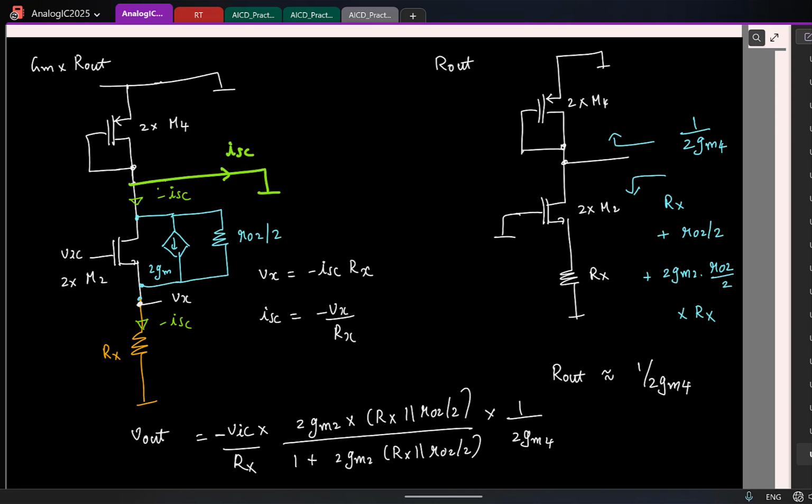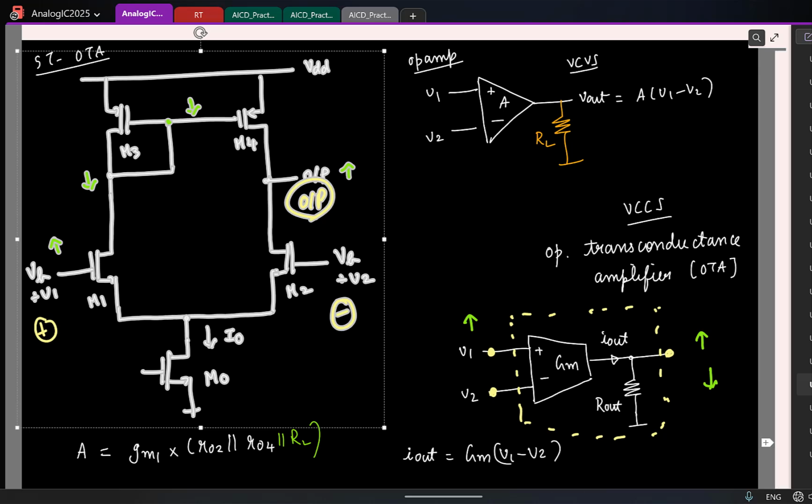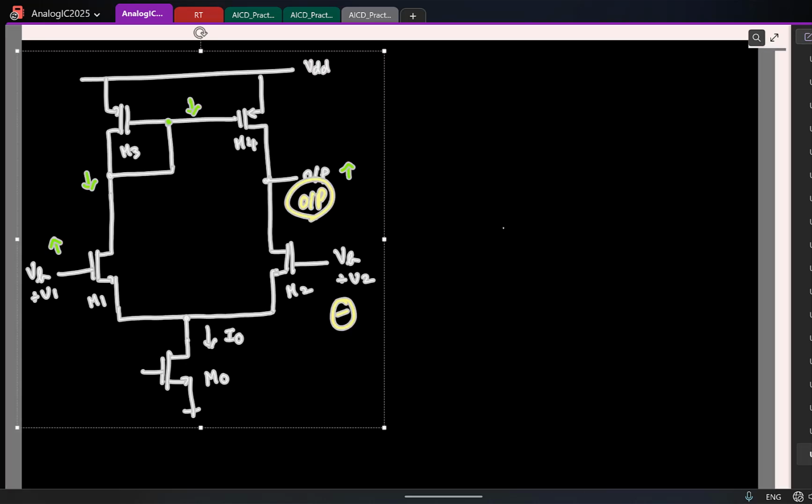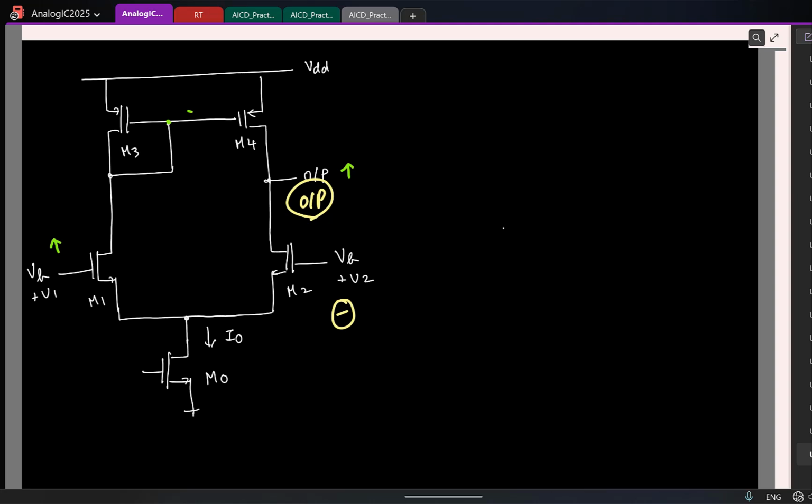Let's also try to do the differential mode gain. Let me copy paste this. So now I'm trying to find the differential mode gain.